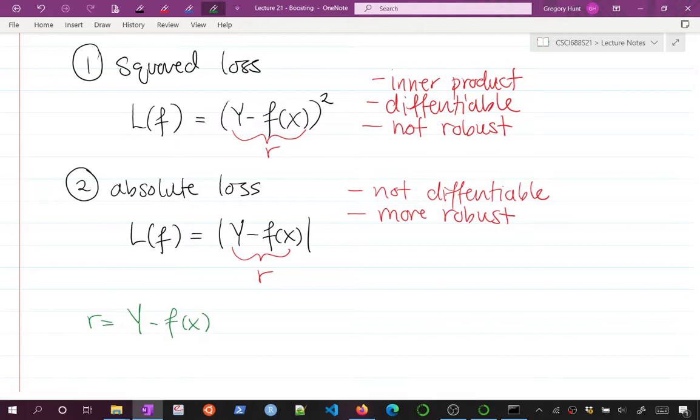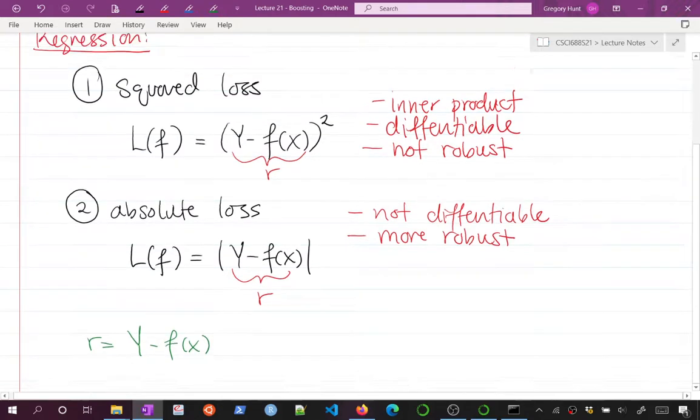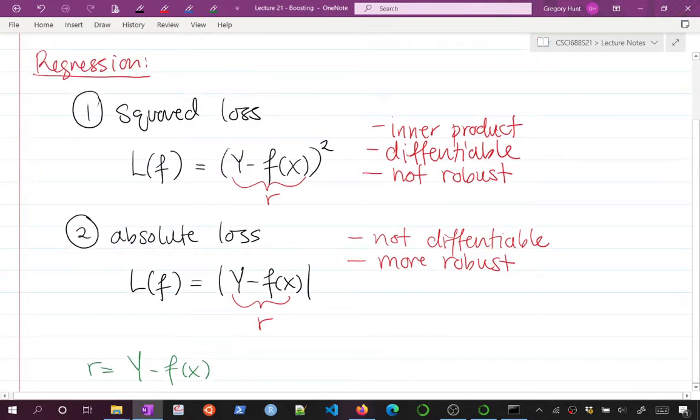So if I'm optimizing my function f and I have a large residual, the squared loss is going to pay a lot of attention to making sure that large residual is minimized as much as possible by my choice of f, because it squares the residual. Whereas the absolute loss is not going to pay as much attention to that large residual. It's not going to scale in a squared way. So these are two common losses for regression.